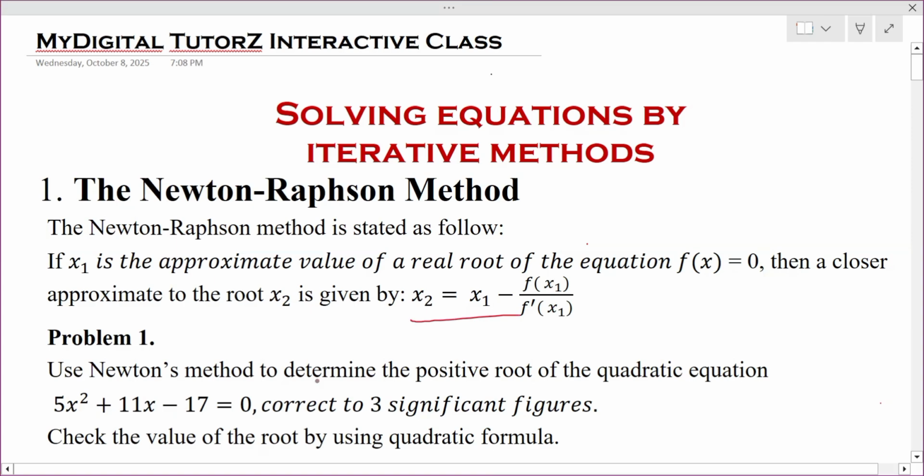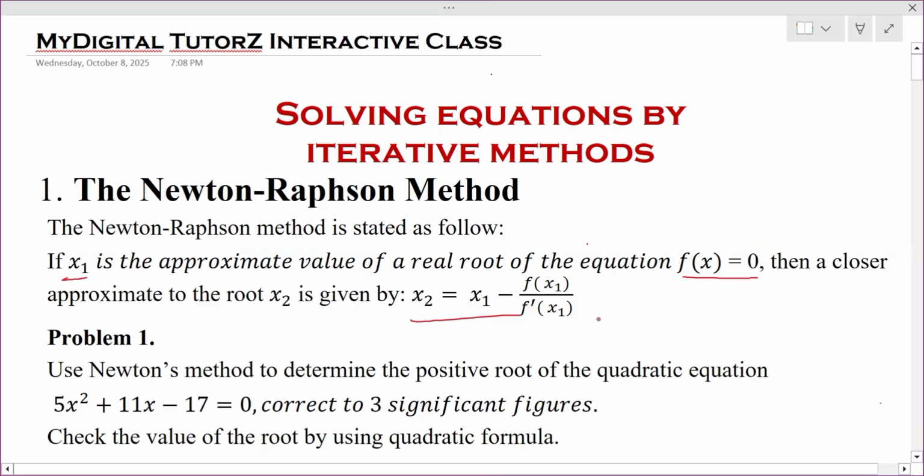So according to the Newton-Raphson method, it states that if x1 is the approximate value of a real root of the equation f of x equal to 0, then we can find a closer approximate root x2, which is given as x2 equal to x1 minus f of x1 divided by f prime of x1.